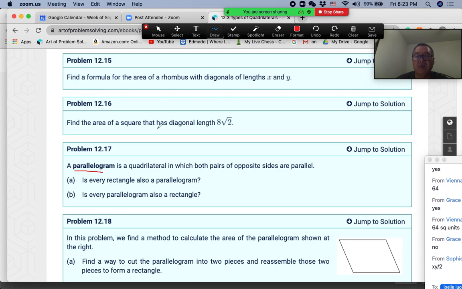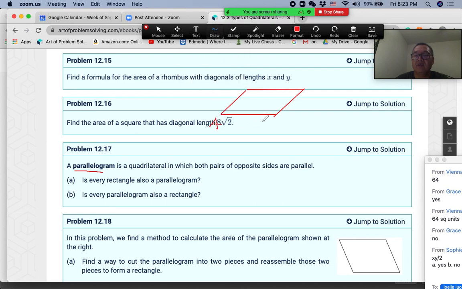Now let's go to 17. Parallelogram. Parallelogram is another special quadrilateral. It's like this. Usually it's something like this. Suppose this one is ABCD. A parallelogram is a quadrilateral in which both pairs of opposite sides are parallel.